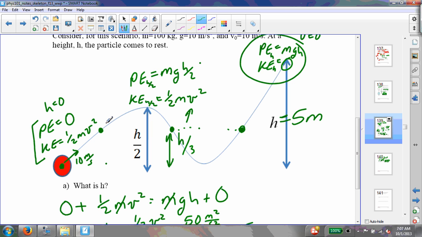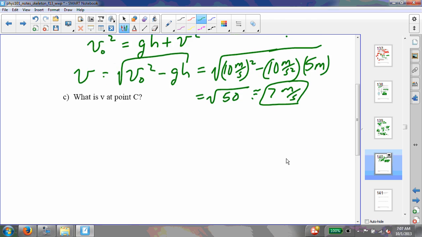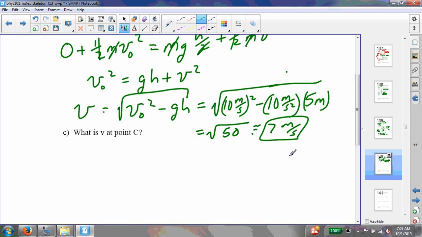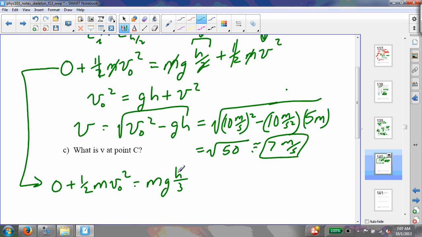My velocity at each of those points would be exactly the same as long as they're at the same height. All right, so what is my v at point C? Well, I'll just take the same tack that I took up here. It's basically the same problem. 0 plus 1/2 m v naught squared equals mg h over 3 now, because I'm looking for a new height, plus 1/2 mv squared. And I'm looking now, just as I was before, for v.